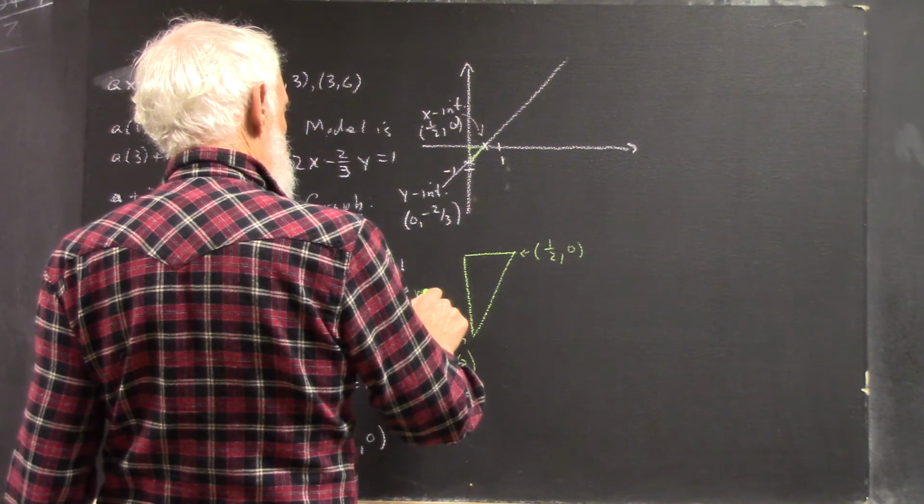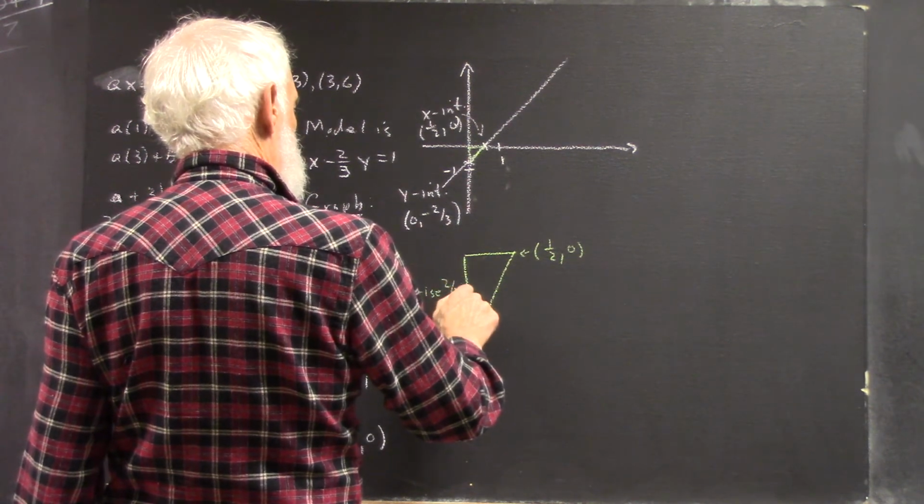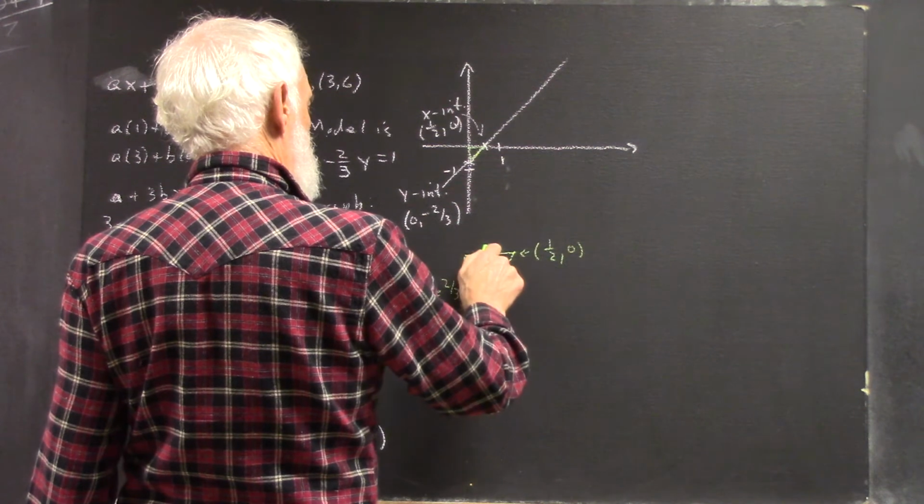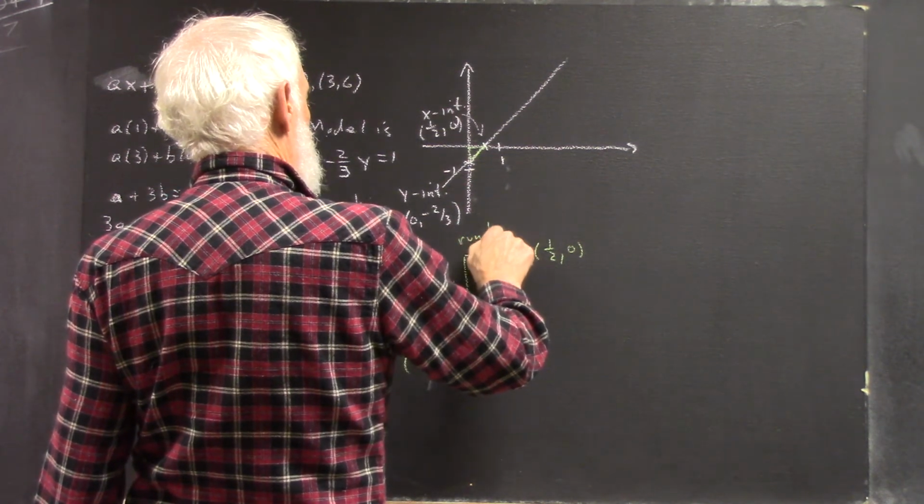You see your rise is 2/3 if you go in this direction, and your run is 1/2.